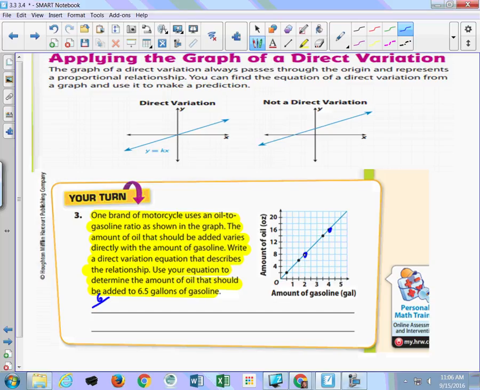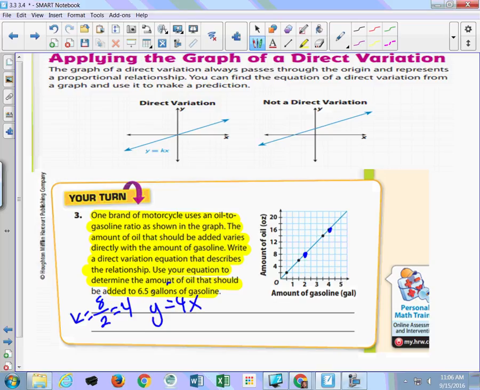So if this is 8 to 16, so 8 to 16 is 8, and from 2 to 4 is 2. Reduce that, you get 4. So k equals 4. So we can write our equation: y equals 4x.